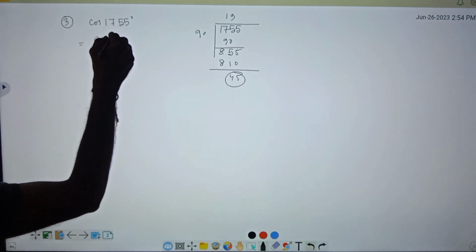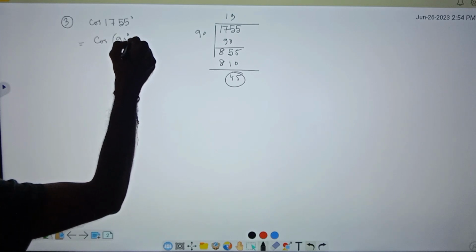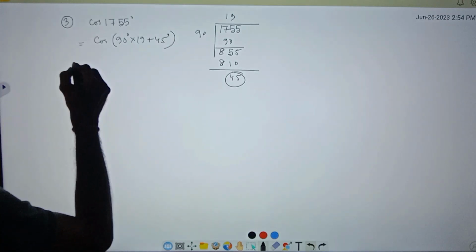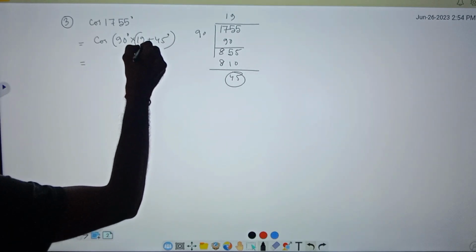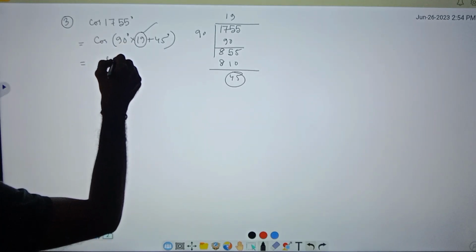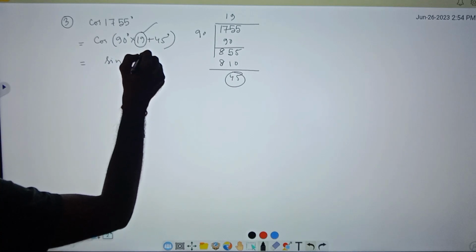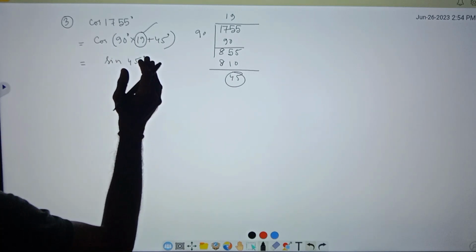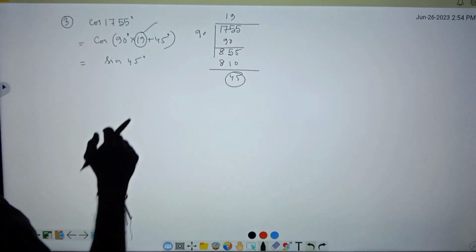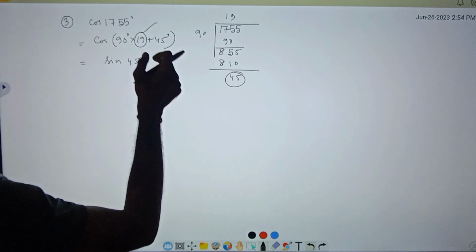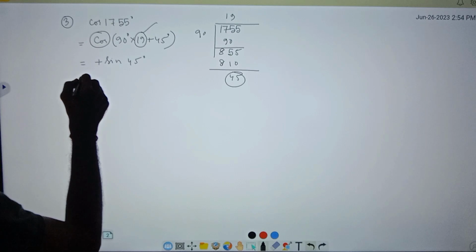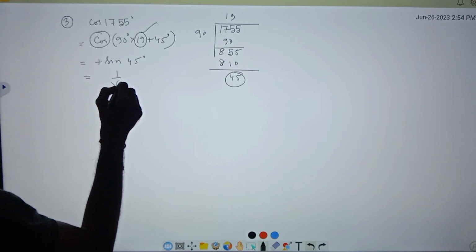So that will be cos of 90 degree into 19 plus 45 degree. Since this is an odd multiple, the trigonometric ratio is going to change, and that will be sine 45 degree. From the previous problem, we know that this total angle lies in the fourth quadrant, and in the fourth quadrant cos is always positive. So the result will be plus sine 45 degree, hence the result will be 1 by root 2.